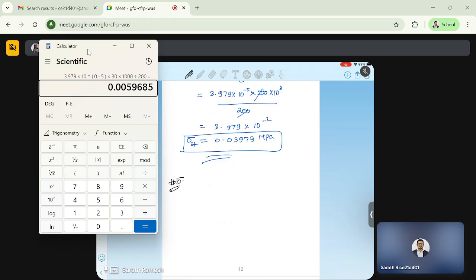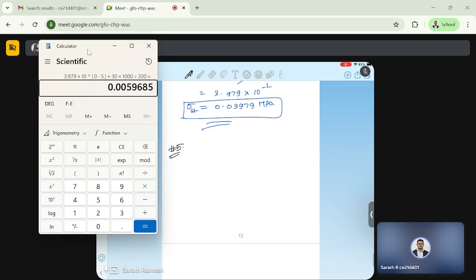The distributed loading, maybe I'll write only what is important, is supported by three suspender bars, AB, CD, and EF. I'll draw the diagram so that we know.